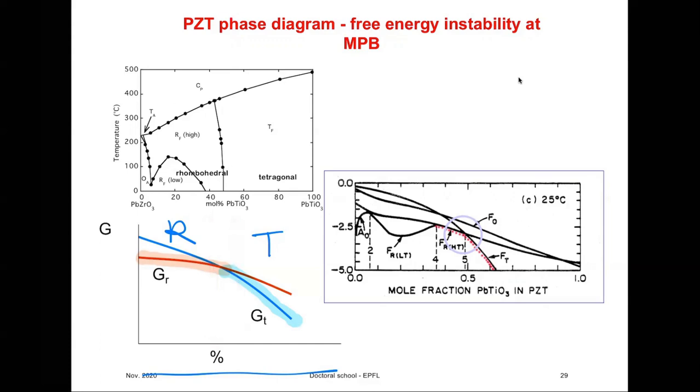So even with small pressures and stresses, you can transfer from one phase to another. So the polarization vector should be easily changed in that region. This is just a more detailed illustration of this part here.